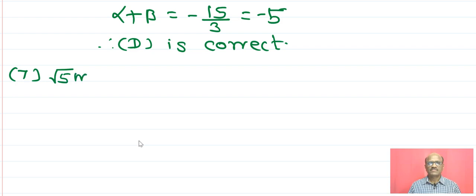Number 7. Root 5 m square minus root 5 m plus root 5 equals to 0.